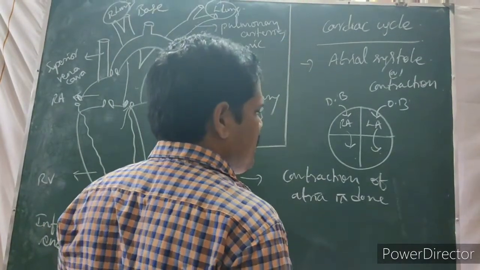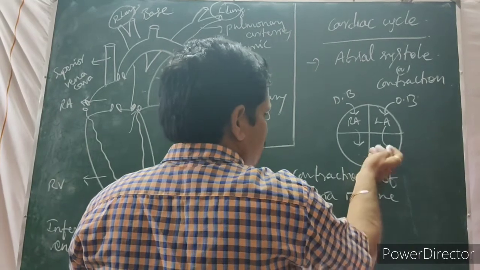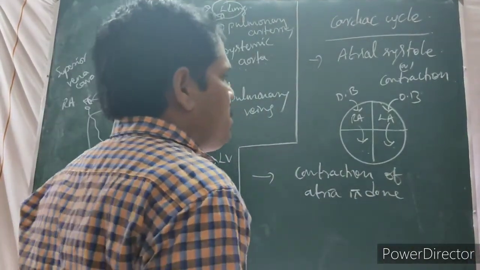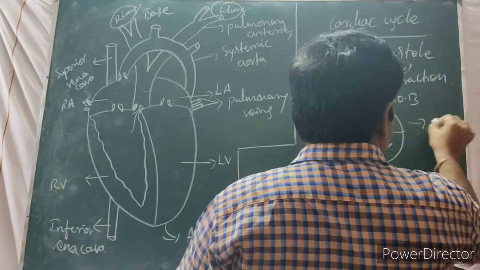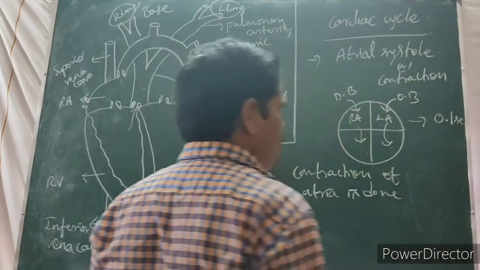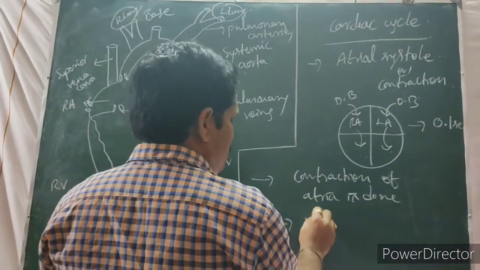Contraction of the atria is done, so blood enters from the atria into the ventricles. That is the atrial systole. It requires 0.1 seconds. The next one is the ventricular systole.